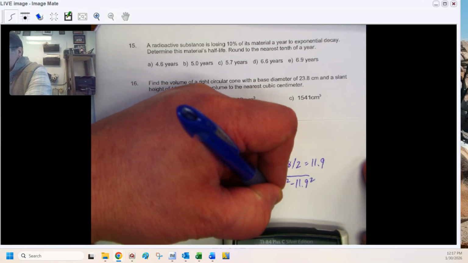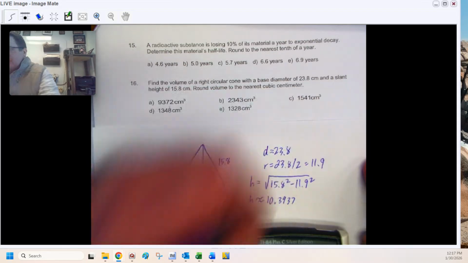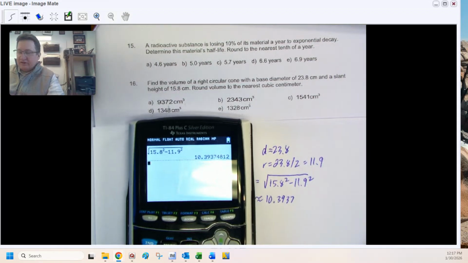It's certainly more accurate and probably even faster to use your calculator's abilities to store it. So you hit store, and then you hit alpha, and then we'll put H here for height.